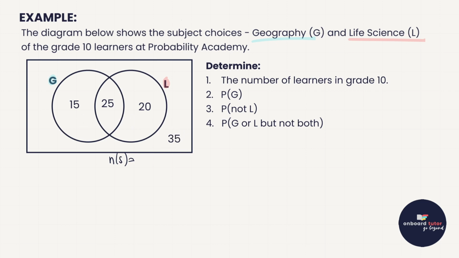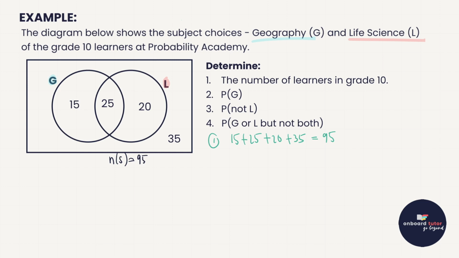So I can say 15 plus 25 plus 20 plus 35, that's going to give us 40, 60, 95 learners if we add that up. And so the number of elements in my sample space is 95.